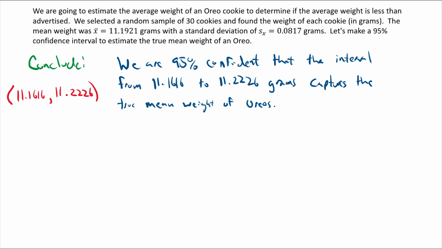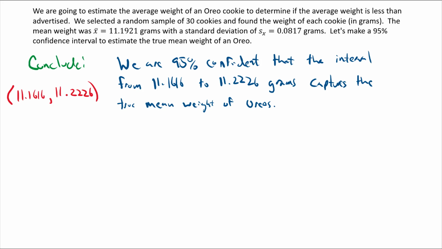Make sure to include the grams for what you're talking about. So you have to include the context there as far as what you're talking about. You're 95% confident that the interval you came up with captures the true mean weight of, in this case, Oreos.